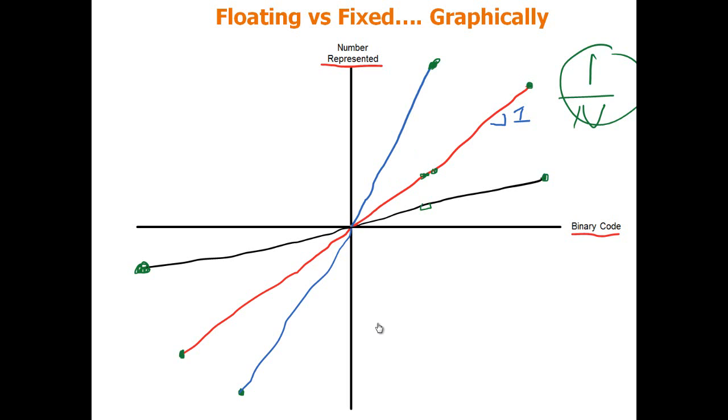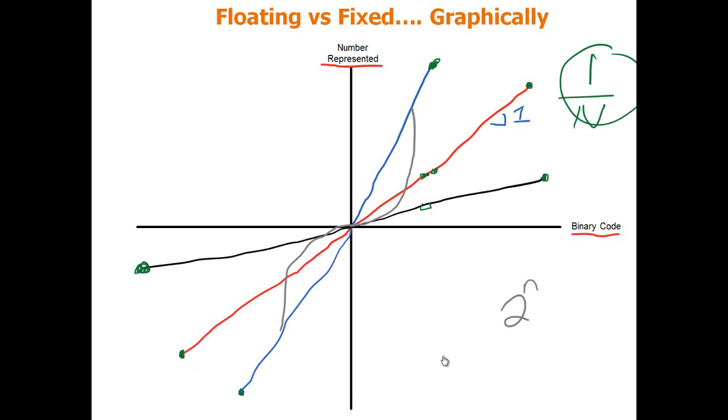A floating point number is essentially a 2 to the n type curve, or 2 to the x. The binary code you use to represent the number, when it translates to the number represented, we have like a 2 to the x function.